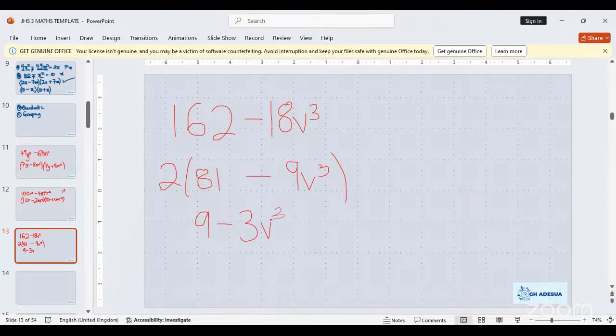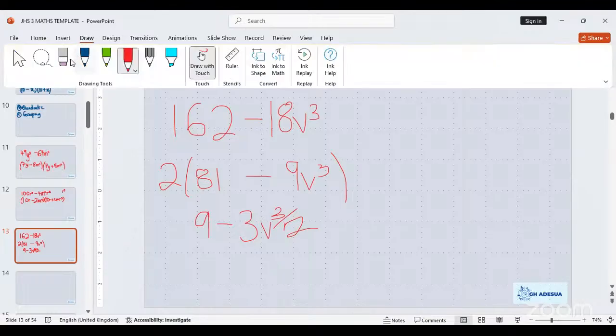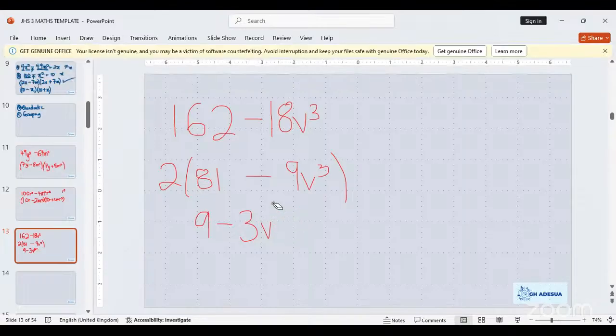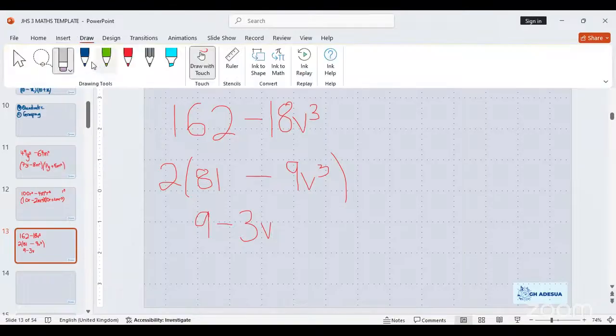So 3 over 2. Are you done? Then you go to the next bracket. Come, let me write this one. So that is v raised to the power 3 over 2.